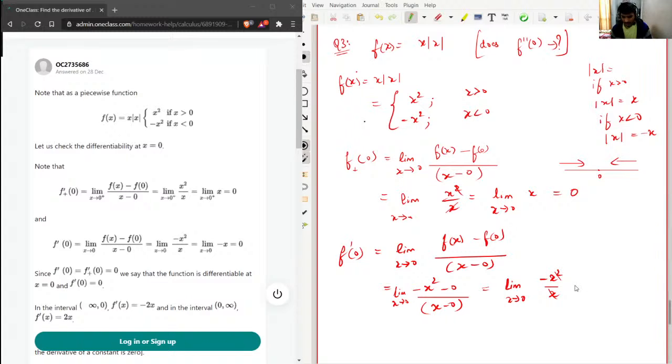Again I can cancel this x, and after putting the limit I will get minus of 0. It is nothing but 0 only.